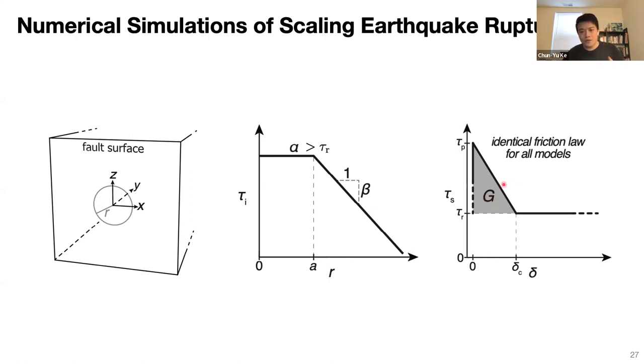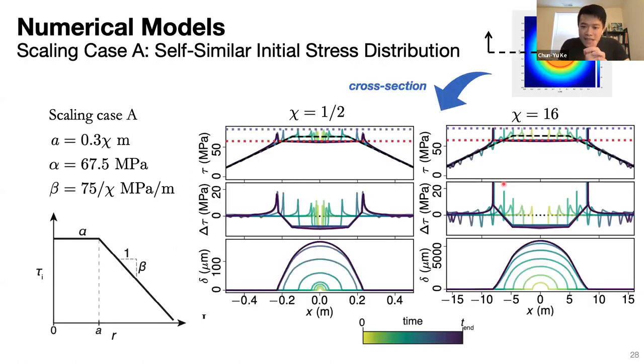We then consider two different end-member scaling cases. Scaling case A has a self-similar initial stress distribution that we picked to match the 20% arrest zone observed by Cowie and Scholz 1992, and Scholz and Lawler 2004. We use the Greek letter chi as the scaling factor.